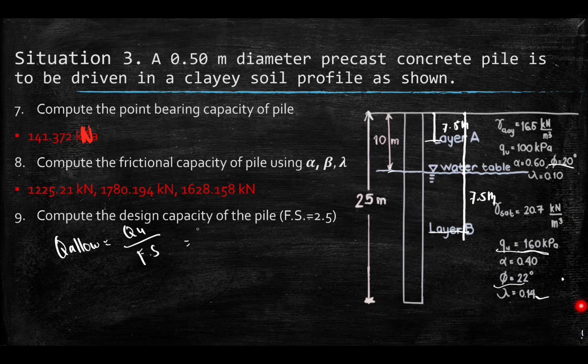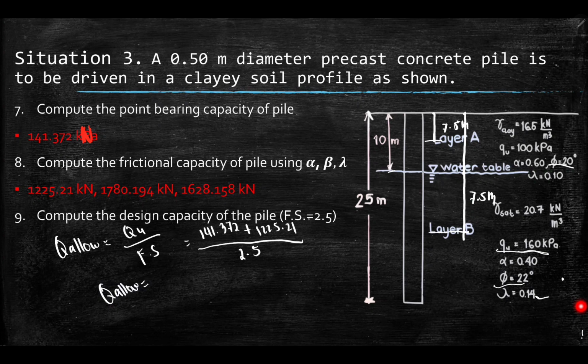So, we have QU, ang formula niyan is EB plus SF. So, meron na tayong EB, which is 141.372, plus yung SF natin for alpha method is 1225.21, all over the factor of safety na binigay na 2.5.